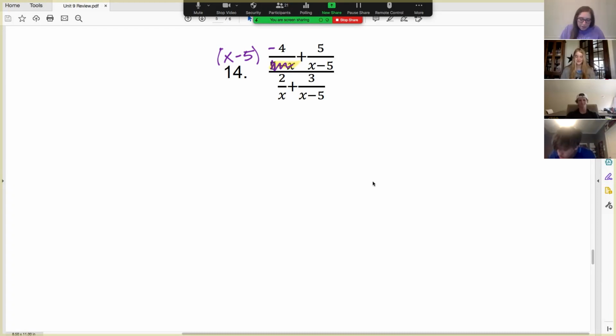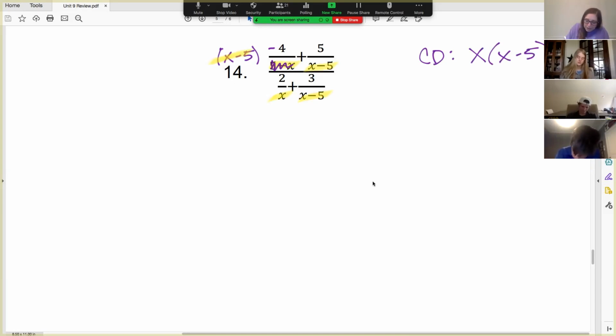Then after I've done that, I highlight or circle all of my denominators, and this is a complex fraction problem. So I find the common denominator and I multiply it by all 4 of the fractions. So my common denominator in this problem would be x minus 5.